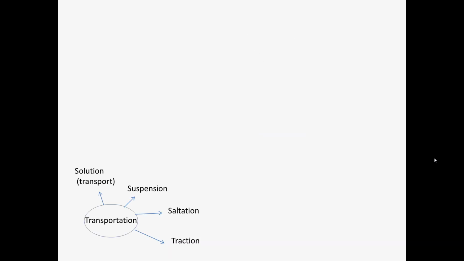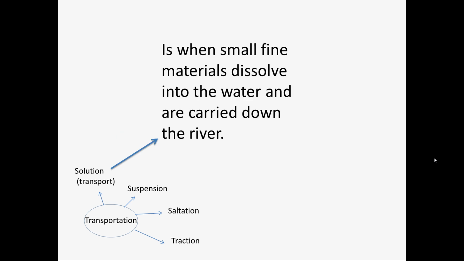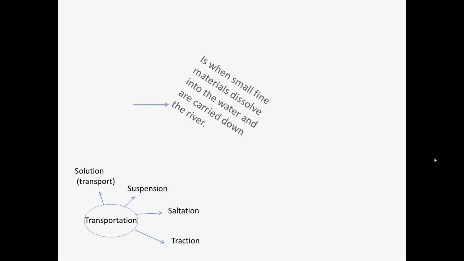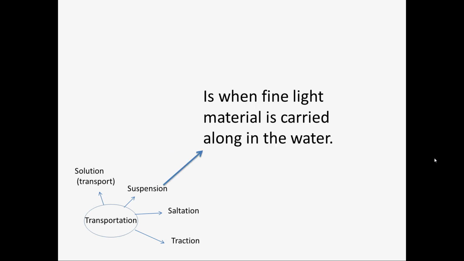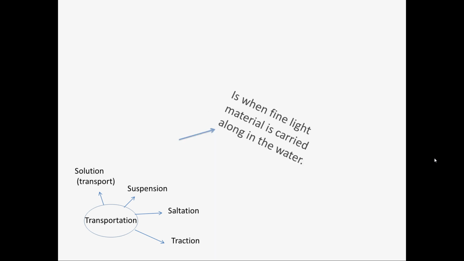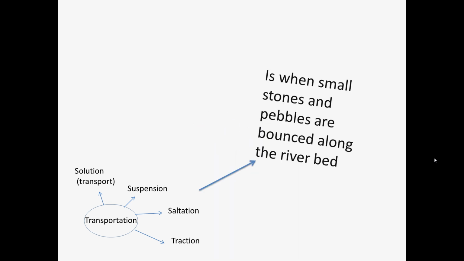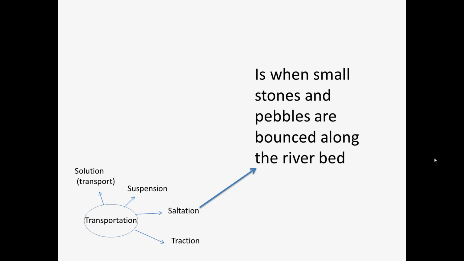So, transportation, second subtopic. Solution is when small fine materials dissolve in the water and are carried down by the river. Suspension is when fine light material is carried along in the river, but bigger than in solution. Siltation is when small stones and pebbles are bounced along the river.